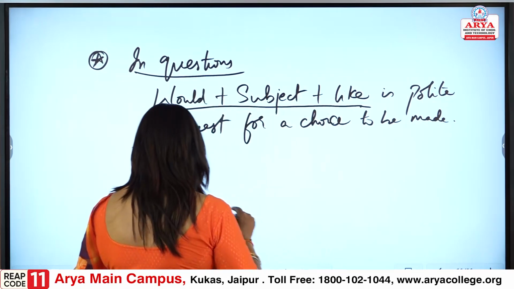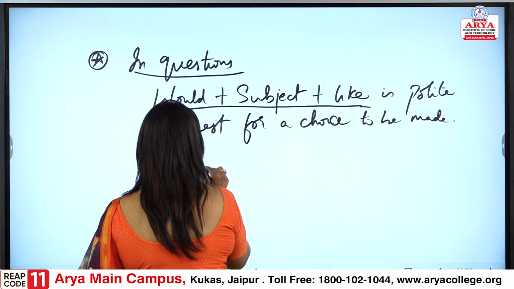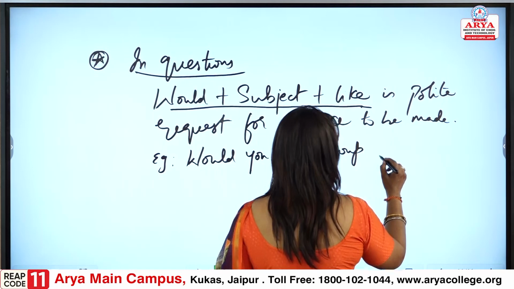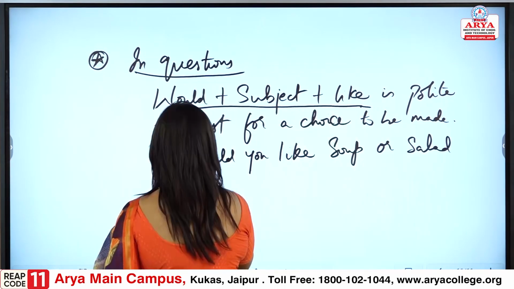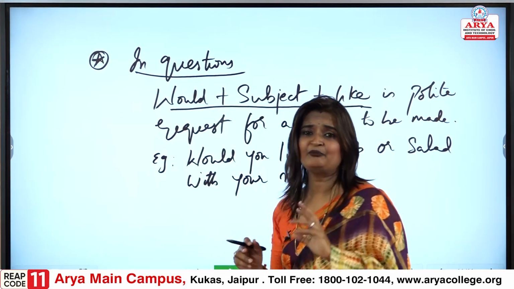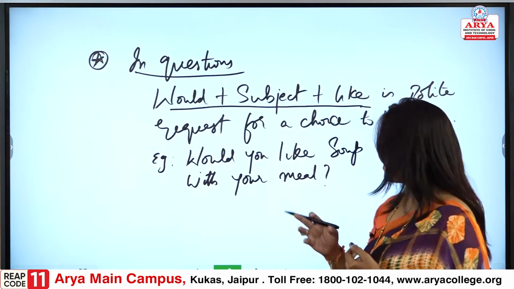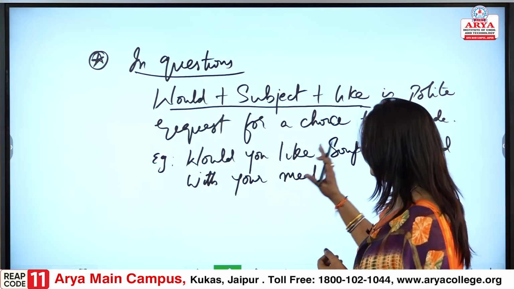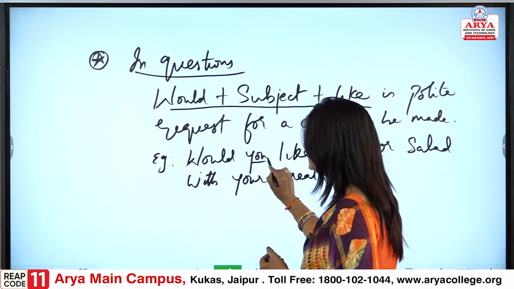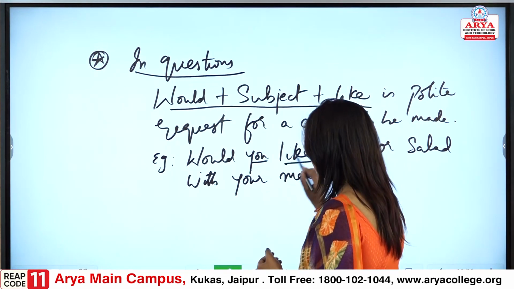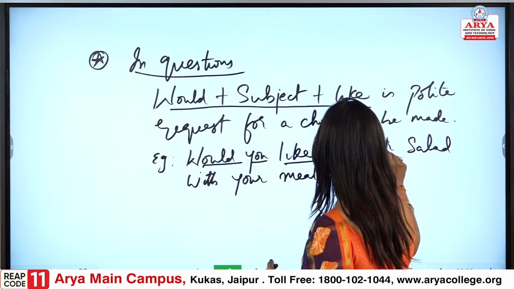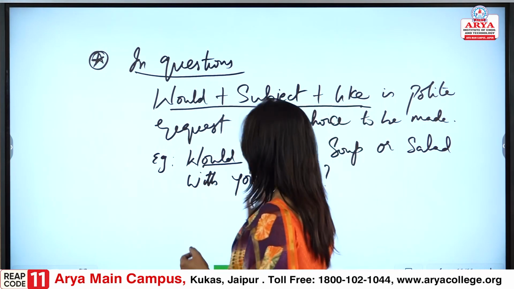Now let me give you an example. Would you like soup or salad with your meal? So, we are asking someone. How would you ask? Would you like, would is there, the subject is you, and then like. Would you like soup or salad with your meal?